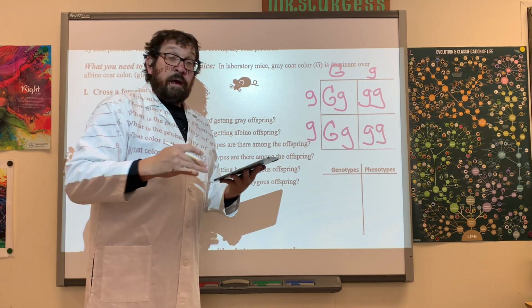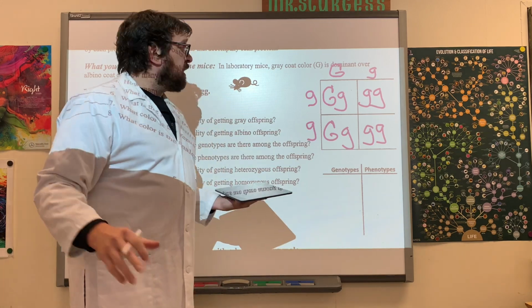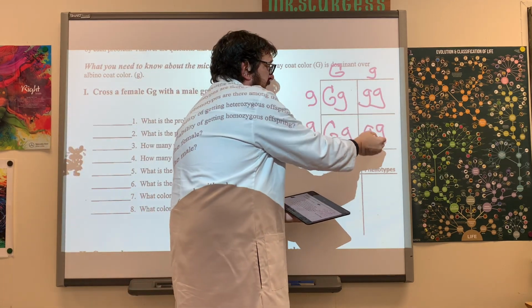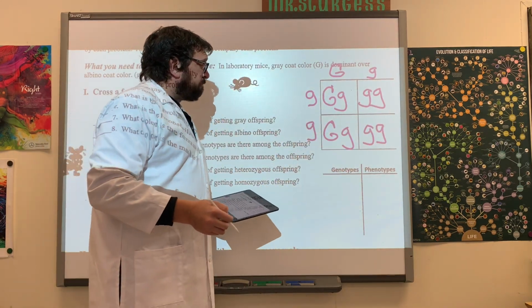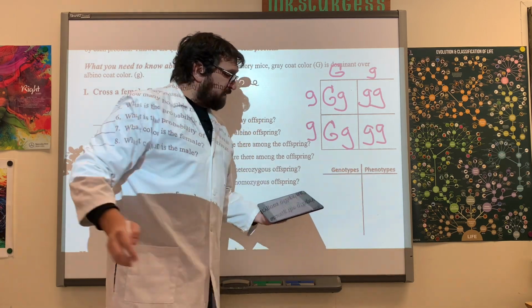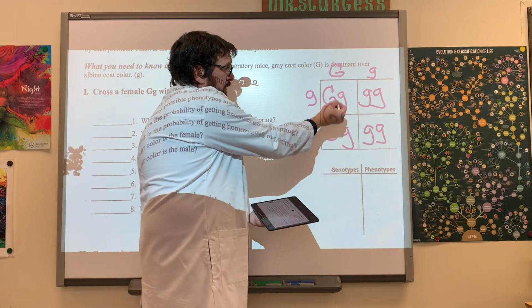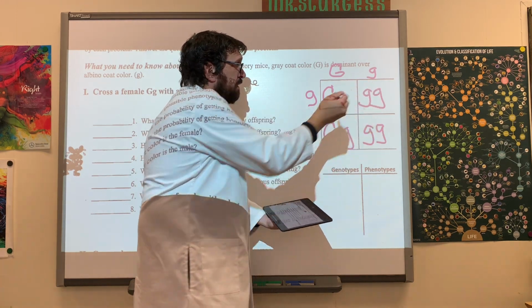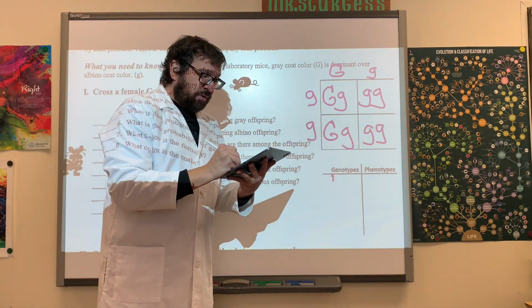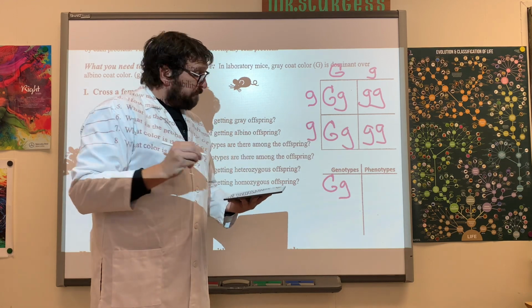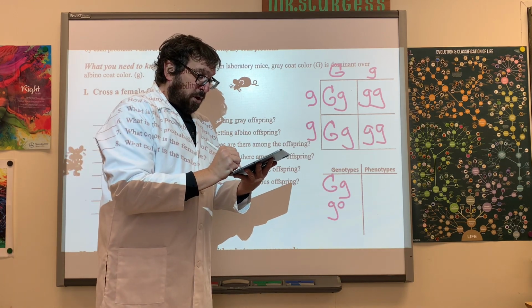All right, Punnett square's done, easy. We've got our information here. Let's go down and get our genotypes and phenotypes. What genotypes do you see? There's one genotype, there's another. So we've got capital G, small g and small g, small g.